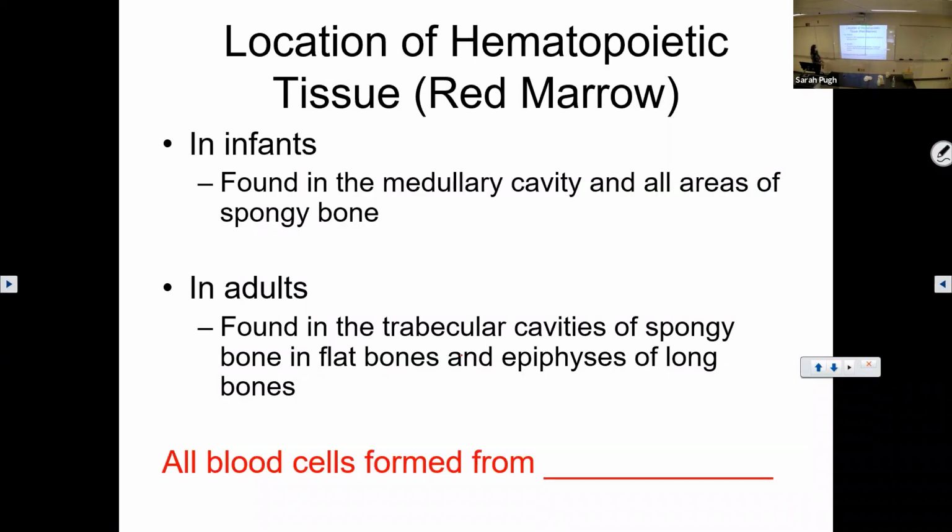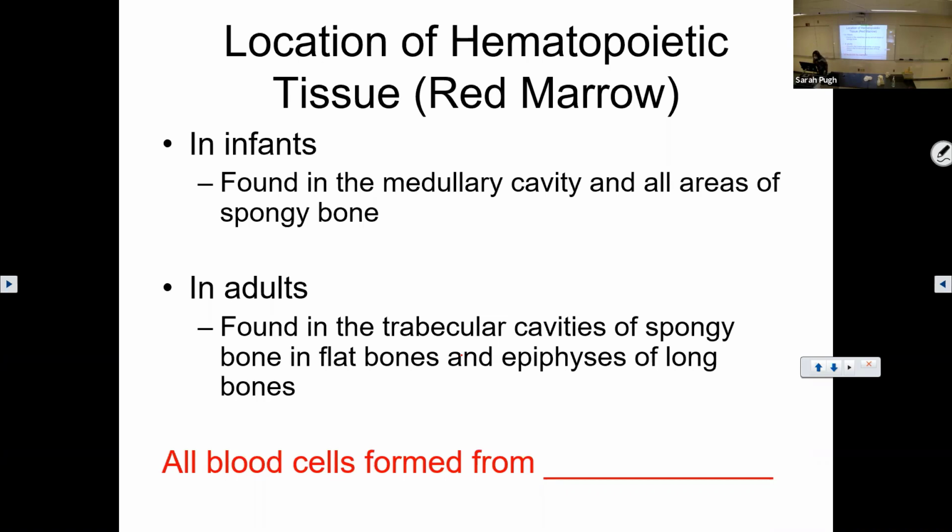Now, I've mentioned this a little bit already. Where we find red bone marrow in an infant is going to be pretty much every hollow opening and space inside of your bone. So in the medullary cavity of our long bones and in all the spongy bone everywhere. In an adult, where are we going to find red bone marrow?